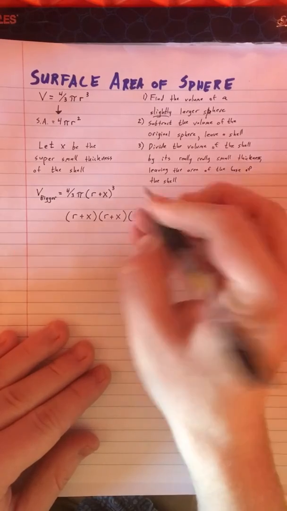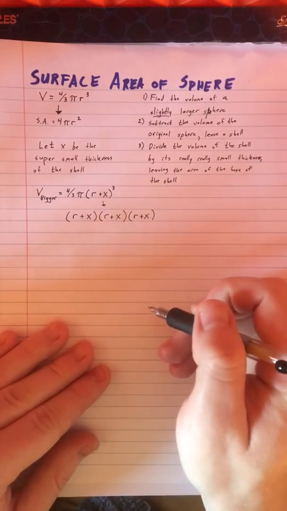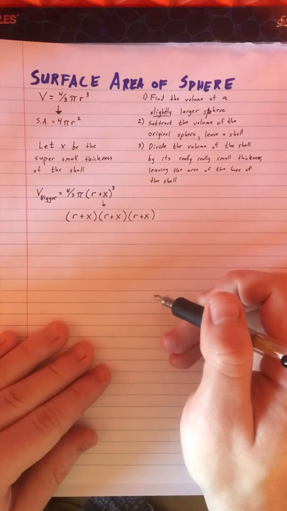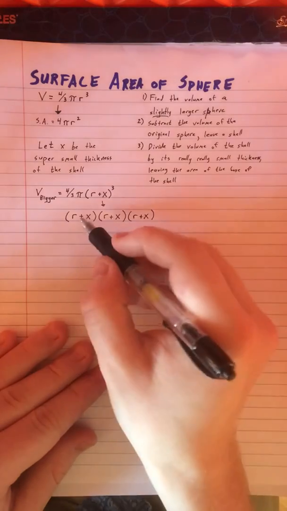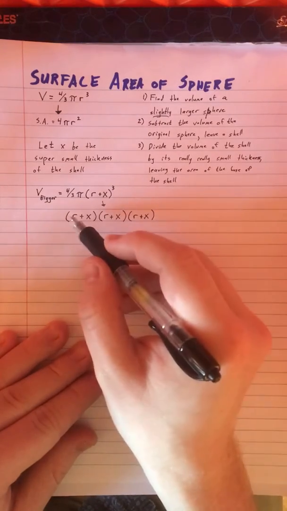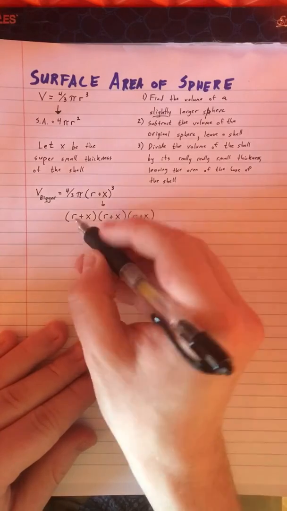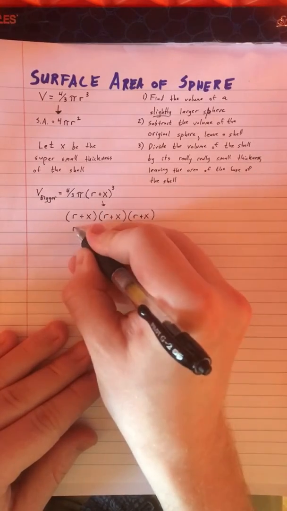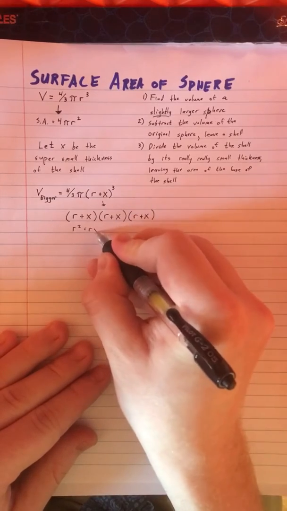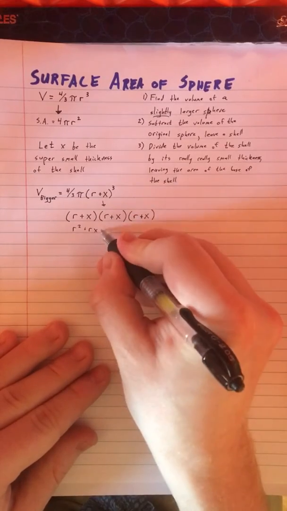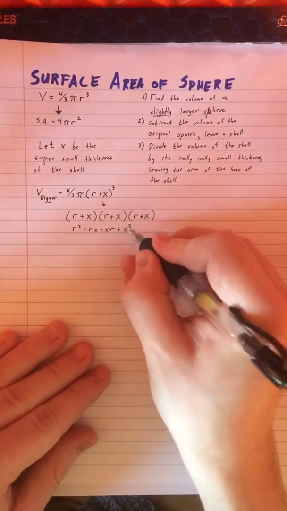So I can always expand this (r plus x) cubed term into just a whole bunch of (r plus x)'s times each other. I can then use my lovely FOIL and my distribution rules to resolve this into a nice polynomial with none of these weird parentheses in play. So r times r is r squared, r times x is rx, x times r is xr, x times x is x squared.